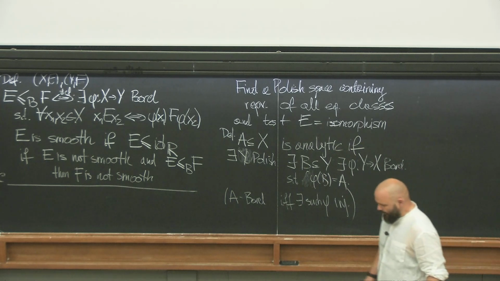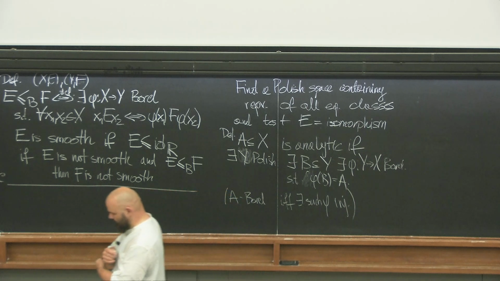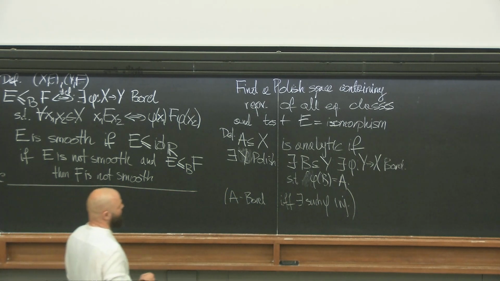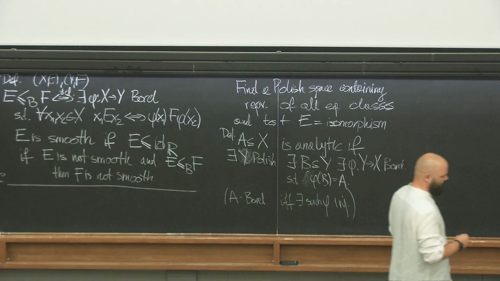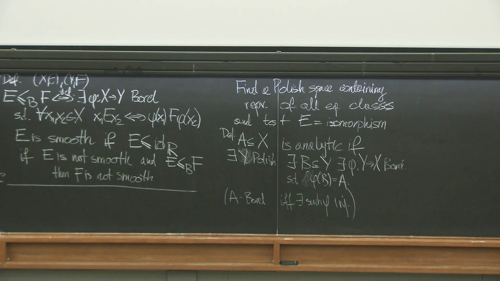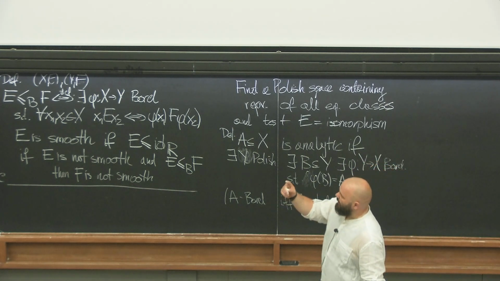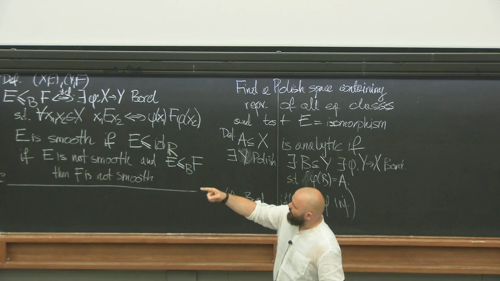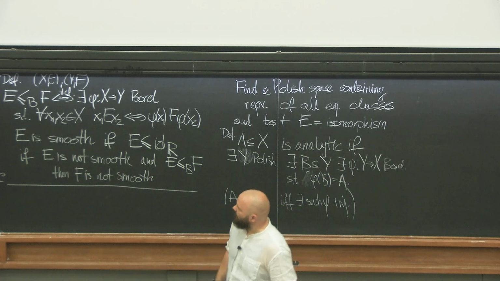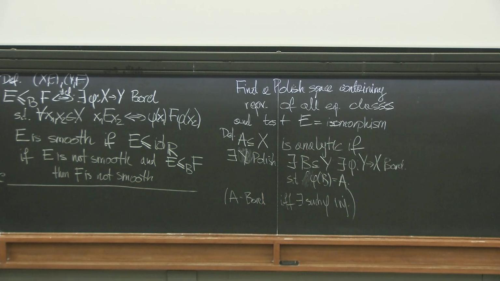So here the point is that usually it is super easy to test that an equivalence relation is analytic if and only if, as a subset of a product, it is analytic.